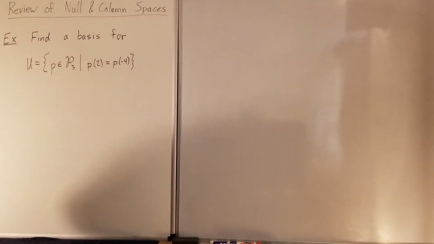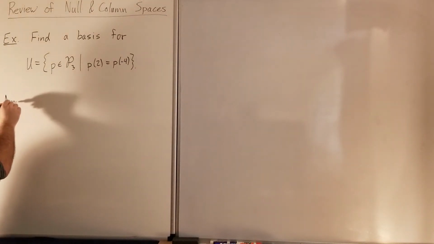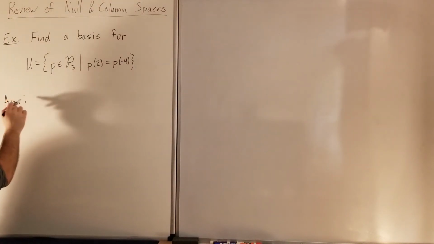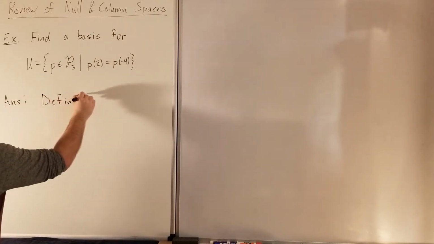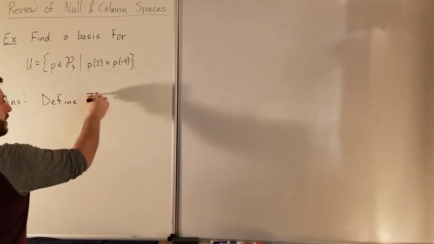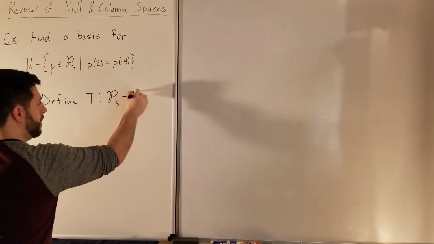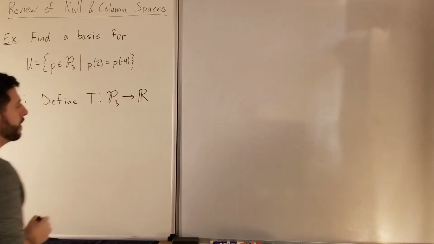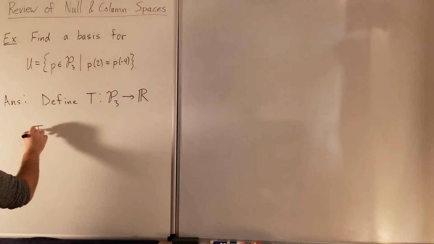So how do we solve this? We're looking for a basis, and it turns out a convenient way to do this is to define a map T from P3 into R. Okay, the map that I'm going to define looks like this.